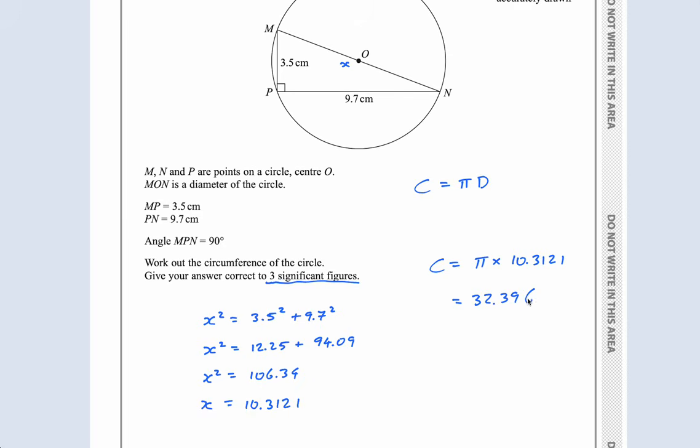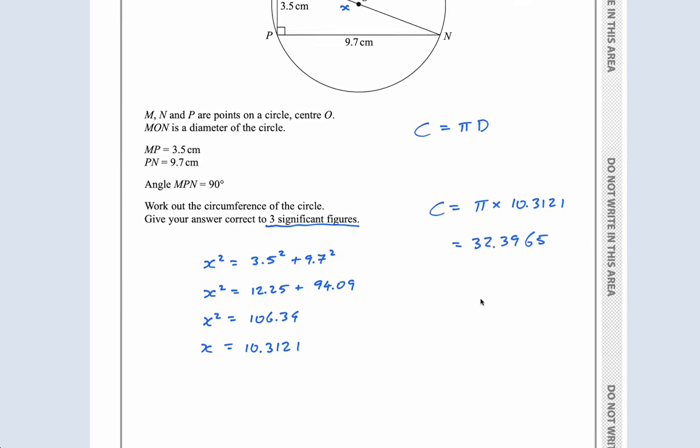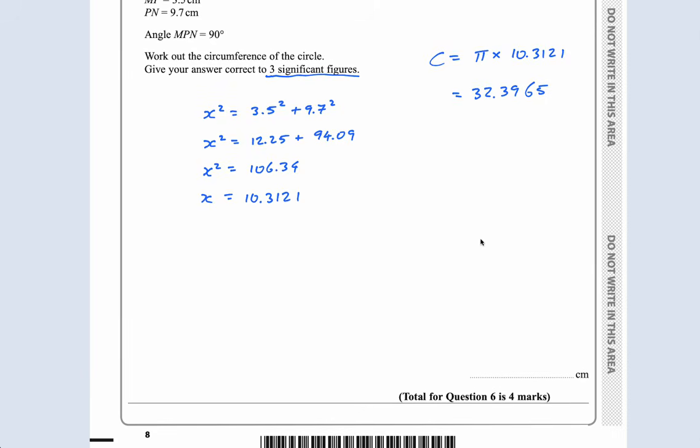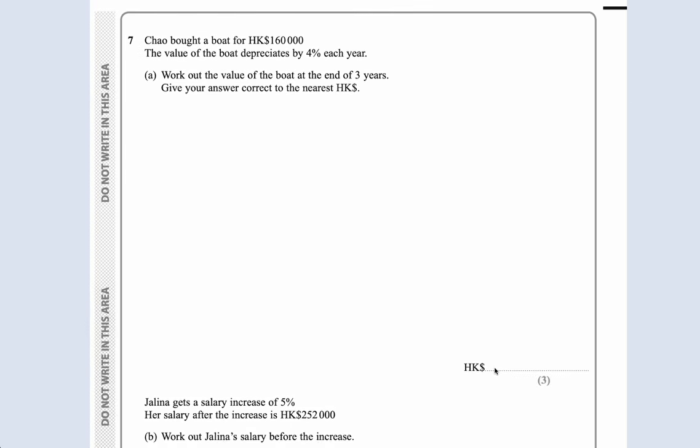And at this point, I'll round to 3 significant figures, because he wants his answer down here. This to 3 significant figures is 32.4. Okay, question 7.